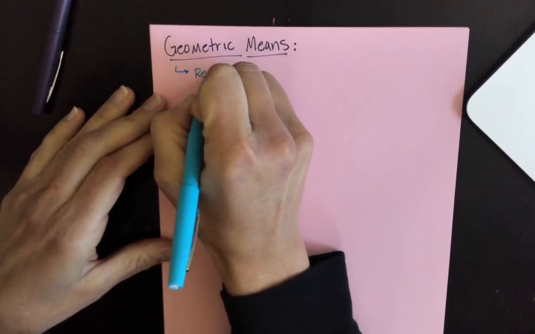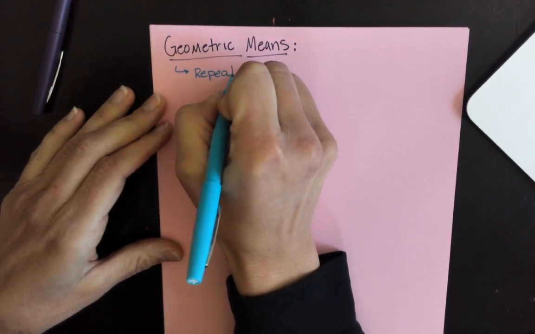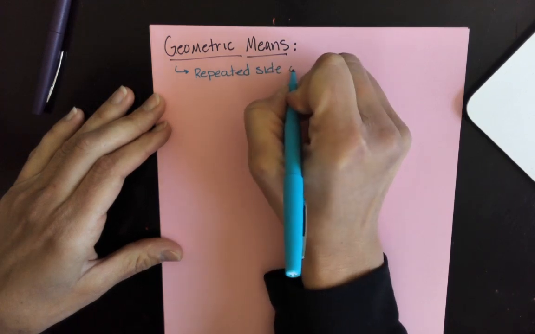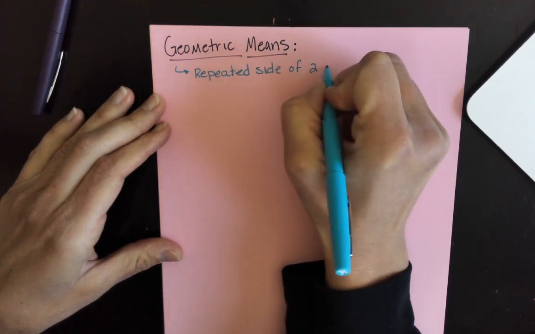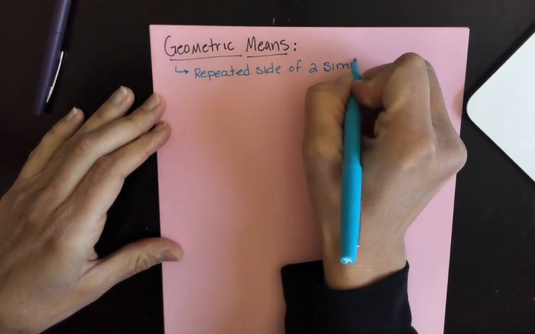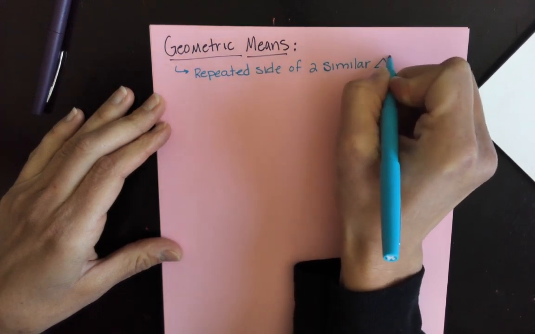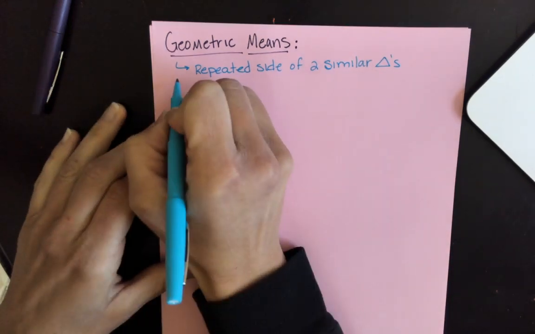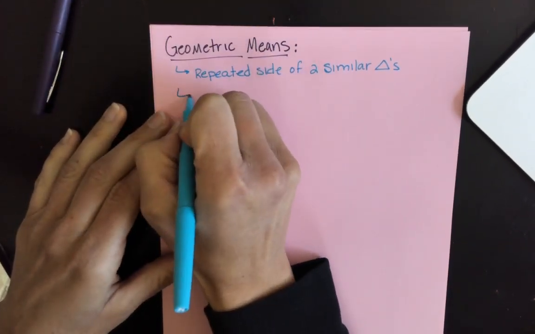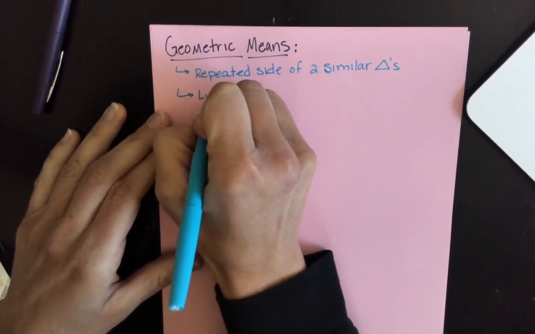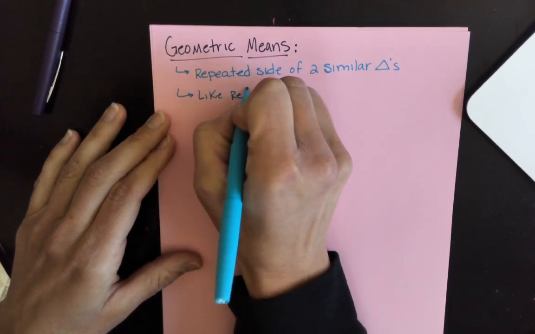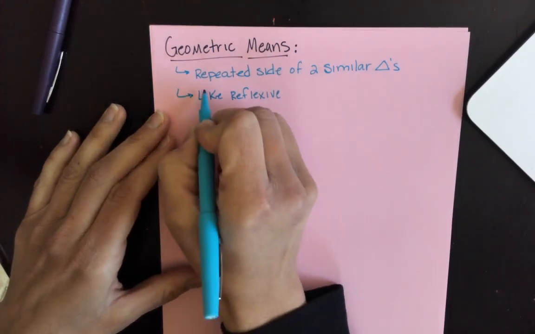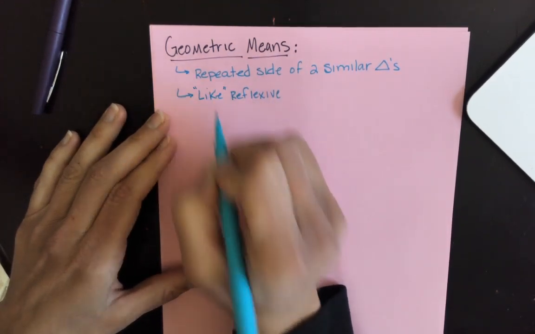It is a repeated side of 2 similar triangles, like reflexive, so it's not reflexive.